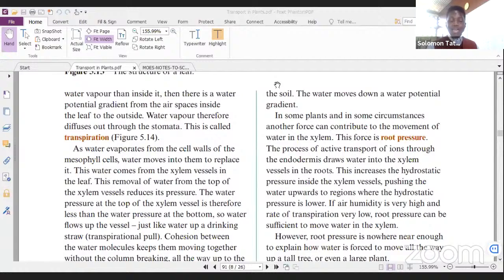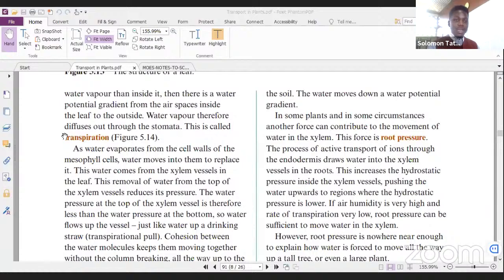This is generated by active transport of ions from the soil into the roots, which creates a difference in water potential. Hence, the roots get to absorb a lot of water, which causes a lot of pressure, which pushes the contents towards the leaves.